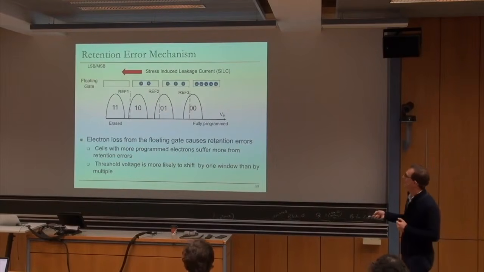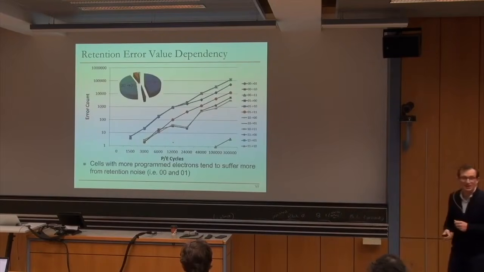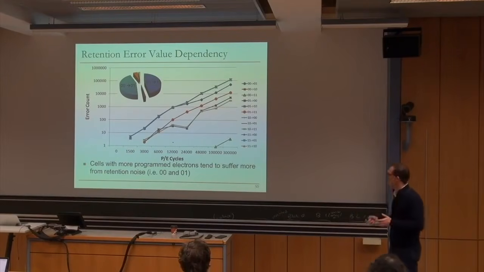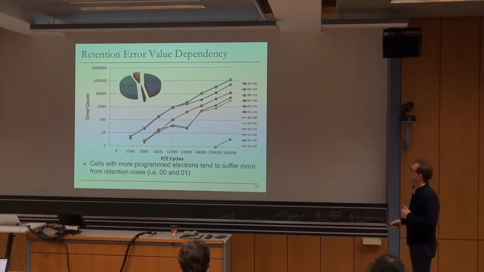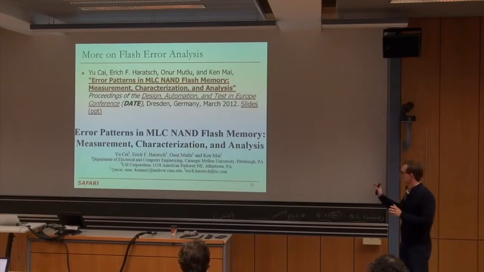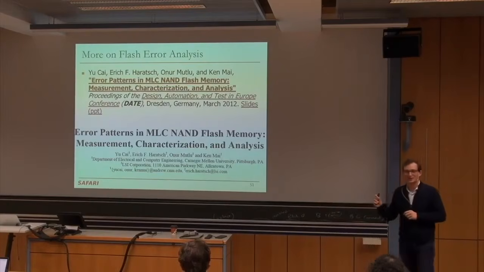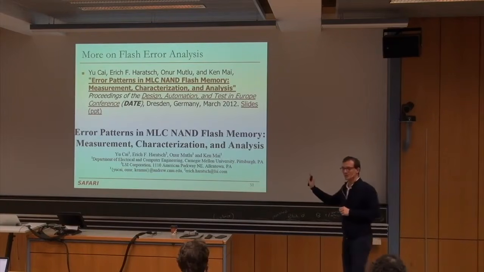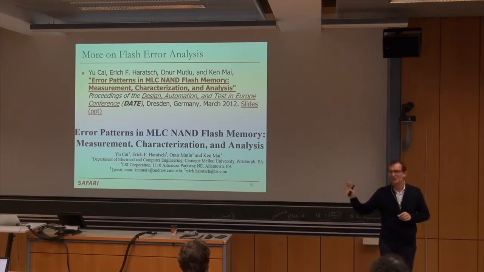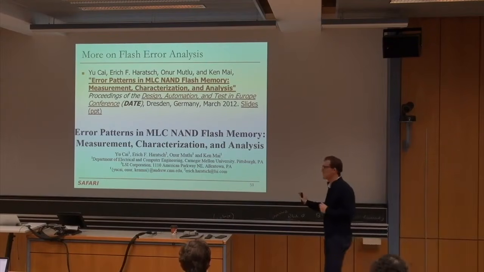But clearly there is a value dependency because of the voltage level of the cells that you program them into. This is also similar to DRAM, right? If you remember. So there's a lot more data, and this is the paper. This is actually the first academic paper that has real data from real flash chips. A lot of the things that we've written over here was actually known to industry, and we knew that, but it was not known publicly outside.